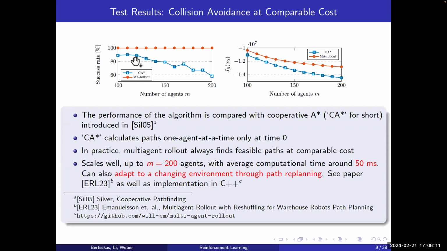And we note that the success rate of cooperative A star drops when the number of agents increases, whereas multi-agent rollout in our tests always finds feasible paths. We need to mention that when the situation is more challenging, there are more random reshuffles involved.